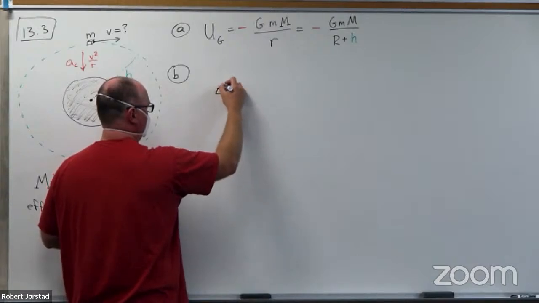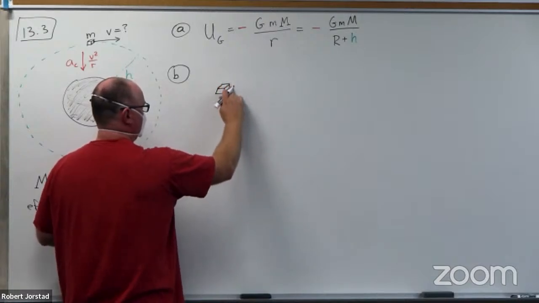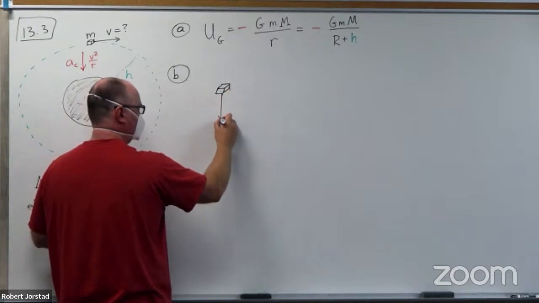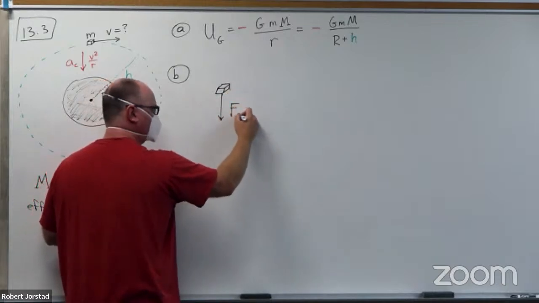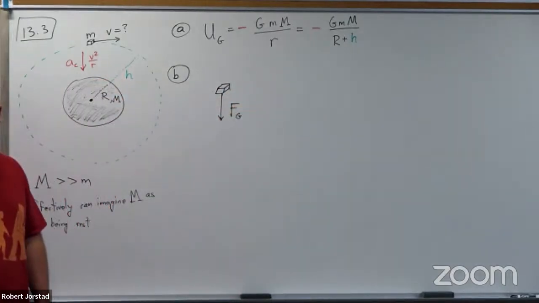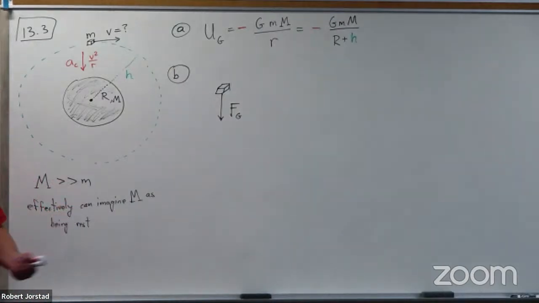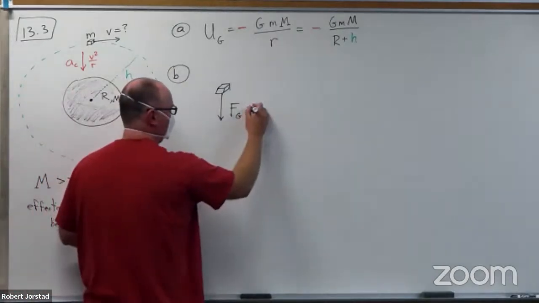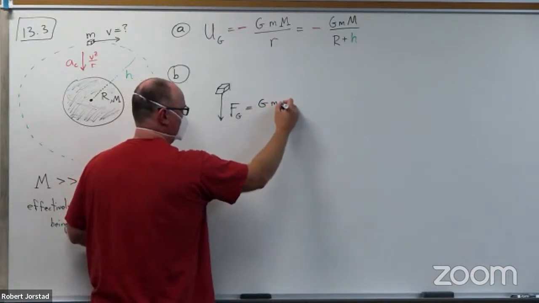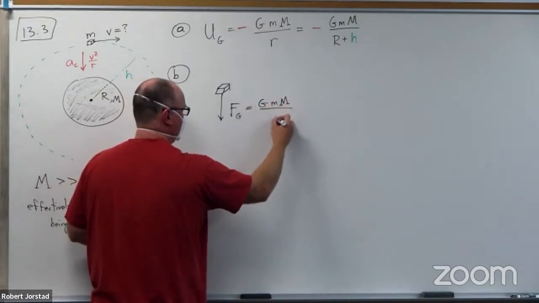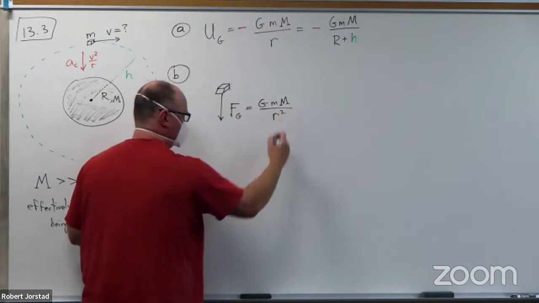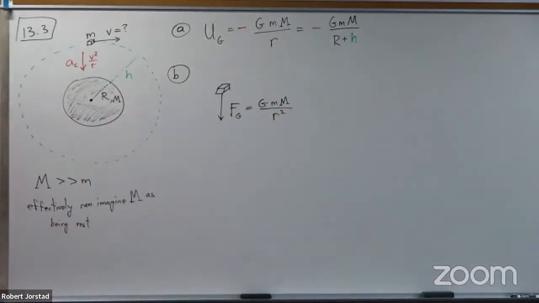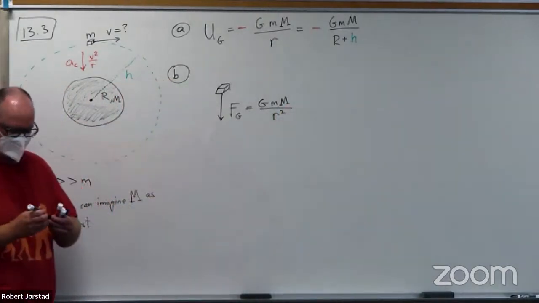Let's get a free body diagram here. There's a force due to gravity now instead of mg. So that's the trick in this chapter. Instead of writing mg, now we write force of gravity, which is G M m over r squared. I'm just going to do the magnitude because I've shown the direction with an arrow.